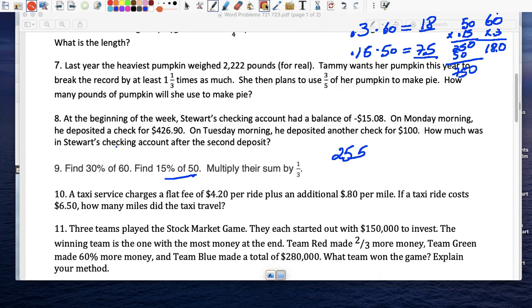So instead of writing 25.5, I'm going to write 25 and a half, because I'm going to be multiplying that by a fraction, 1/3. 25 and a half is 51 over 2. Times a third. Can we simplify? Yeah, the 51 and 3 can be simplified. 3 divided by 3 is 1. 51 divided by 3 is 17. And then 17 over 2. And our final answer is just going to be 8.5.